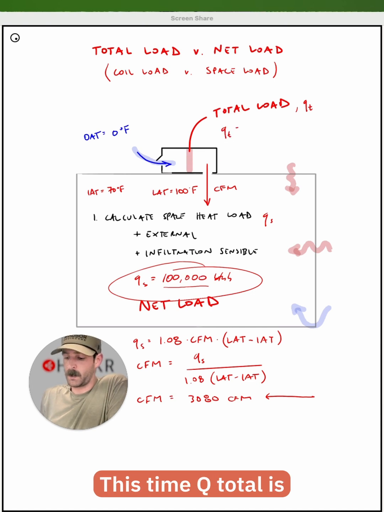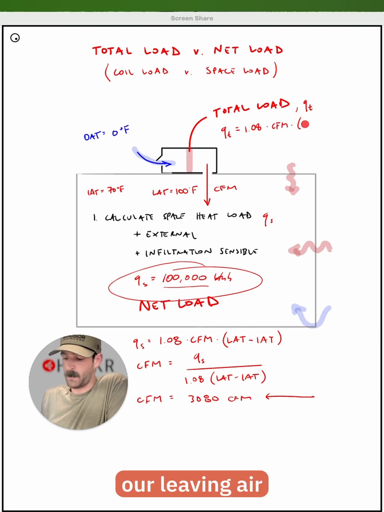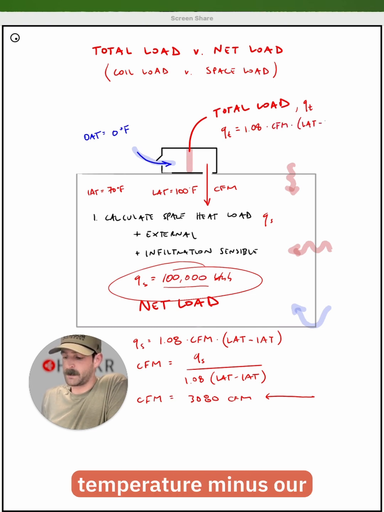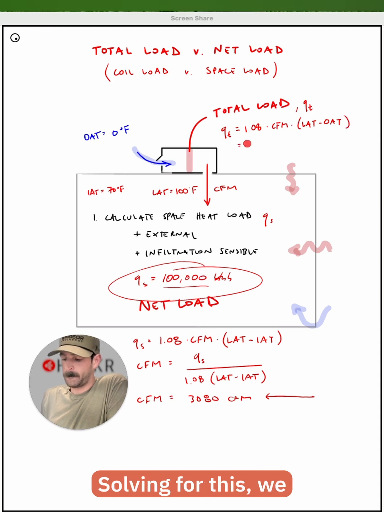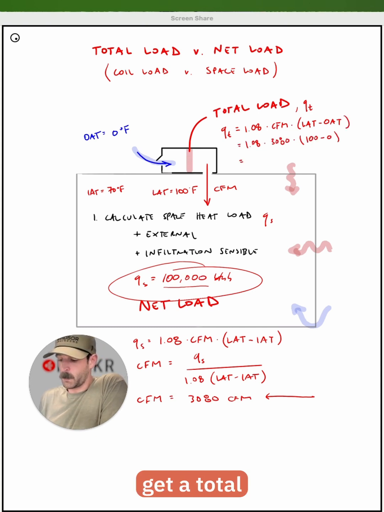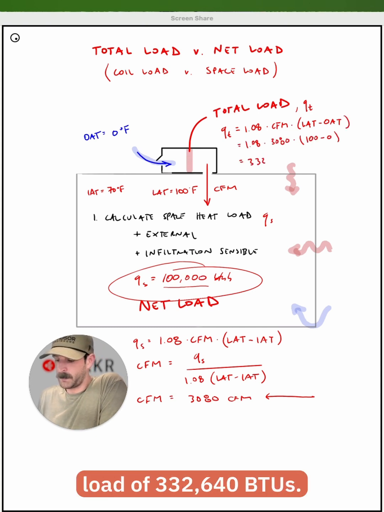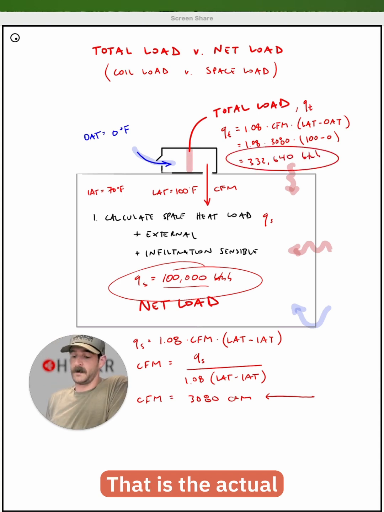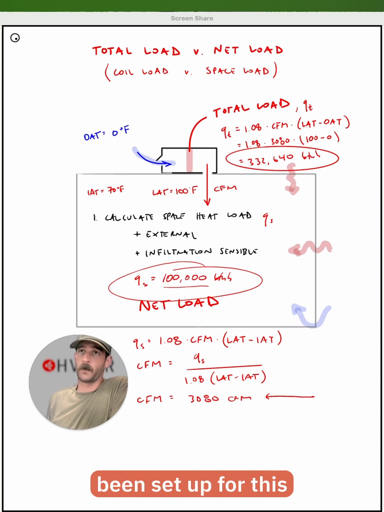This time, Q total is going to be equal to 1.08 times our CFM, but this time it's going to be our leaving air temperature minus our outside air temperature. Solving for this, we get a total load of 332,640 BTUs. That is the actual total load on this coil to meet the conditions that we've set up here in the configuration that's been set up for this system.